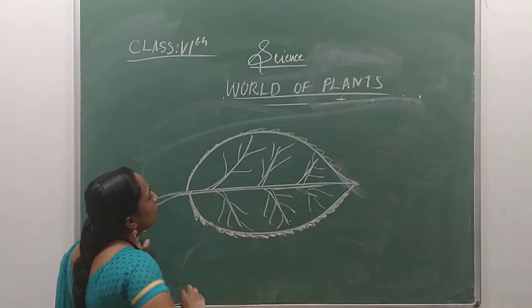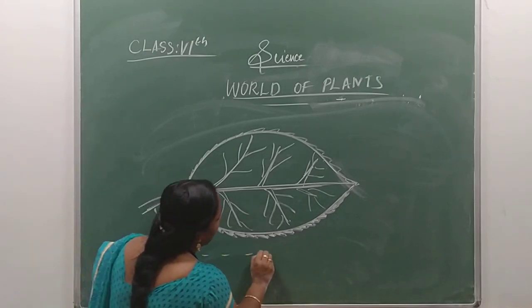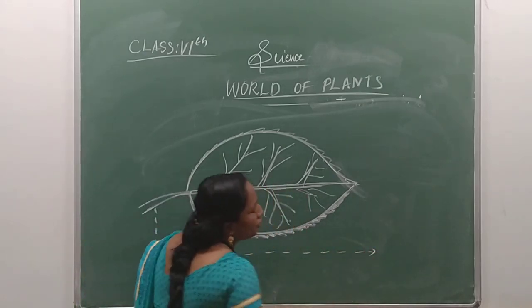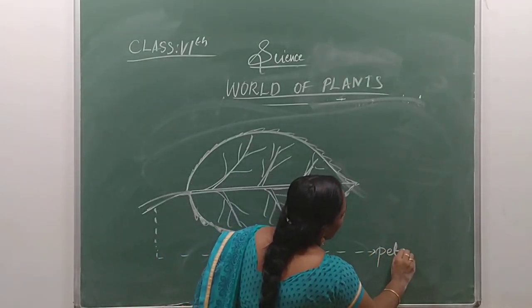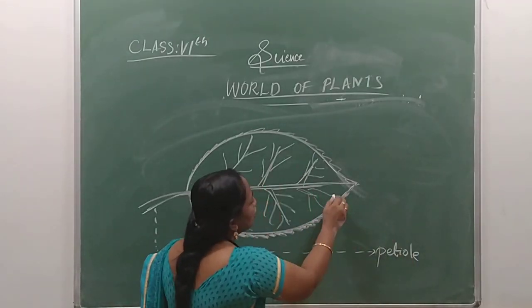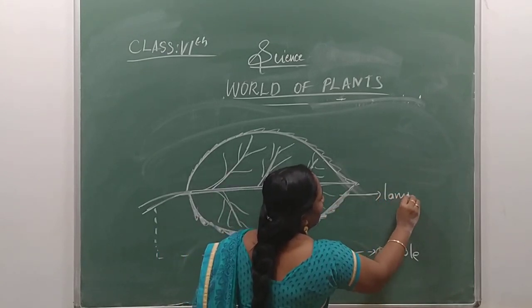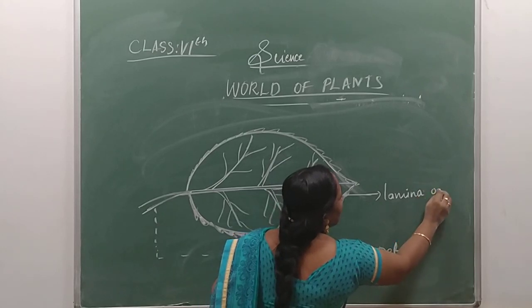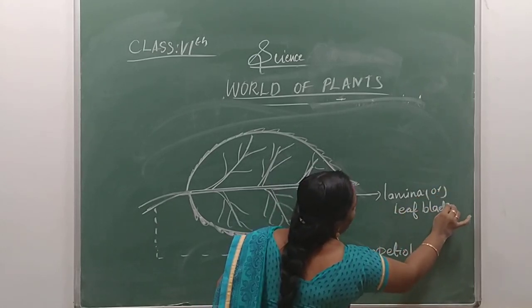Okay, so what is this part said to be? Already we know what it is. It is a small stalk which is used to attach the leaf to the stem. This is called petiole. And this is called lamina or leaf blade.